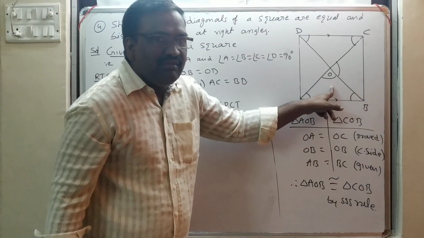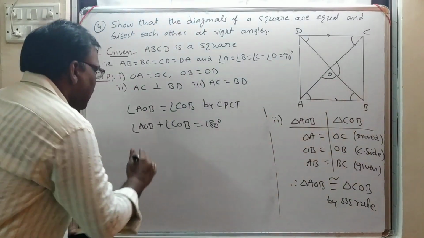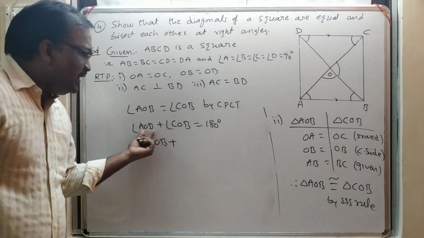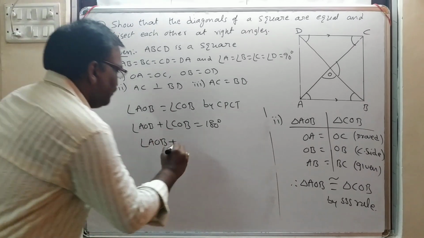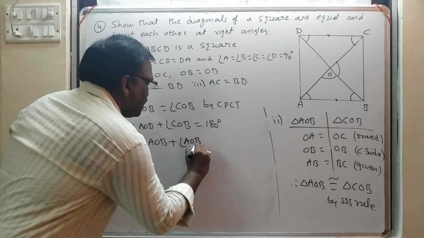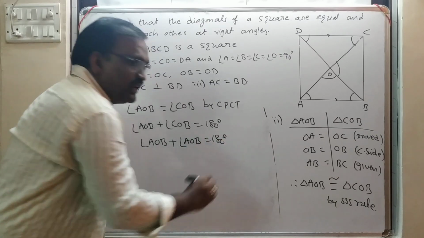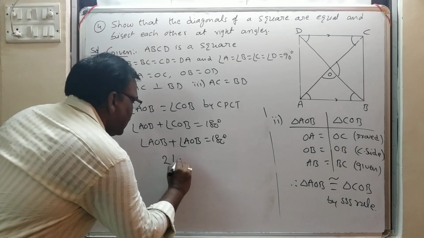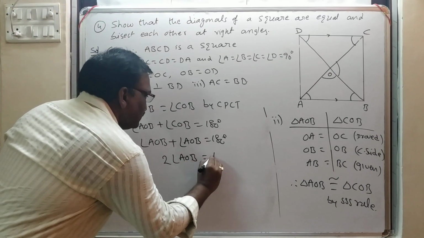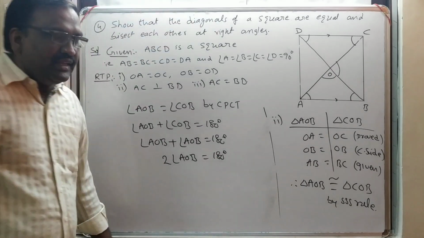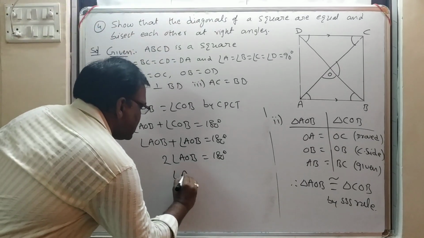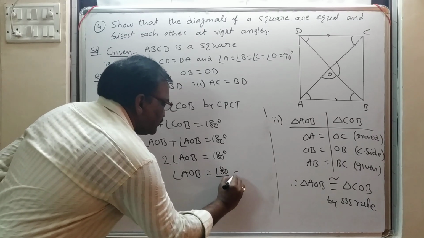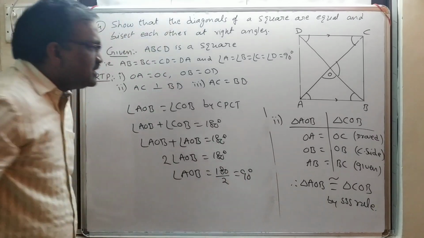But these two angles are equal. So again, replace COB by AOB. Why? Both are equal. Angle AOB plus angle AOB, 2 angle AOB, that is 180 degrees. From this, angle AOB is equal to 180 by 2, that is 90 degrees.